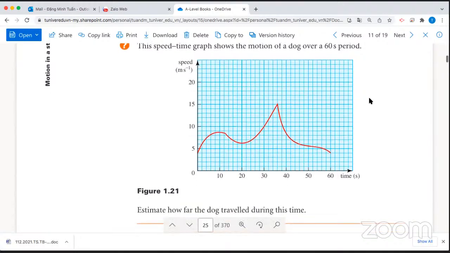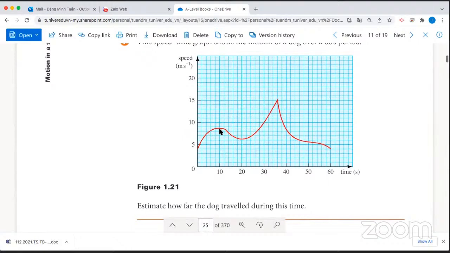Okay, that means you divide the graph into smaller pieces, like this one. Each piece is like a trapezium, right? Yeah, you make an approximation. And then you take the sum of all these trapeziums, and you can find approximately the area.